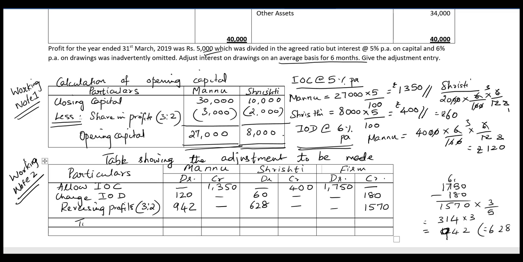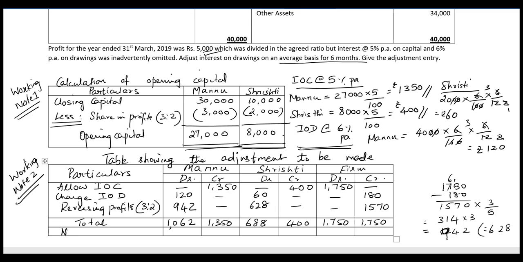Let's find out the total. 1,062 debit of Manu, 1,350 credit of Manu, 688 debit of Shrishti, 400 credit of Shrishti, 1,750 debit of firm, and again 1,750 credit of firm.